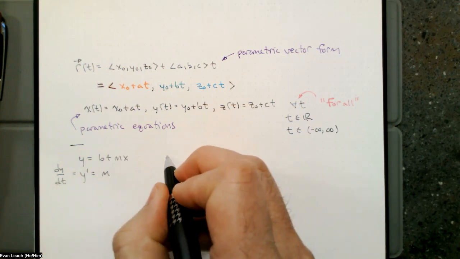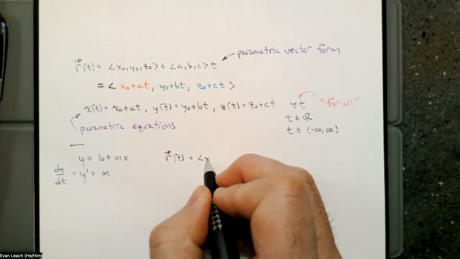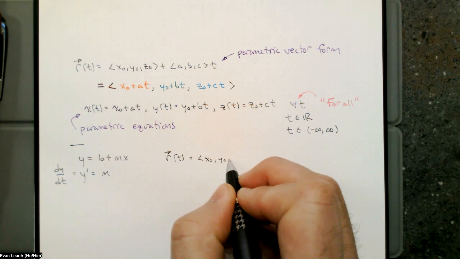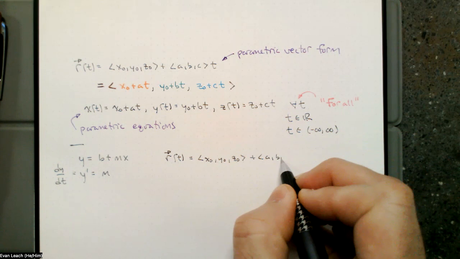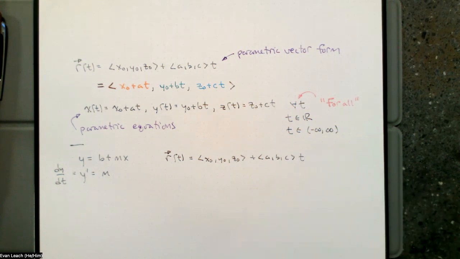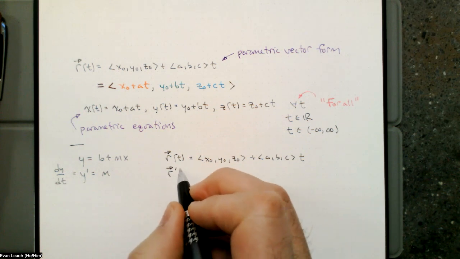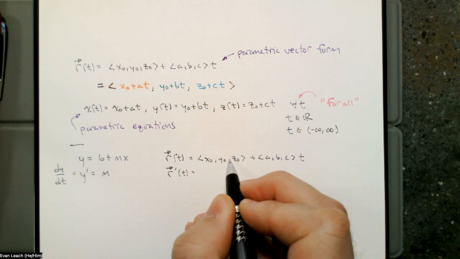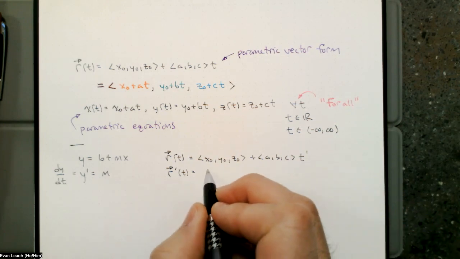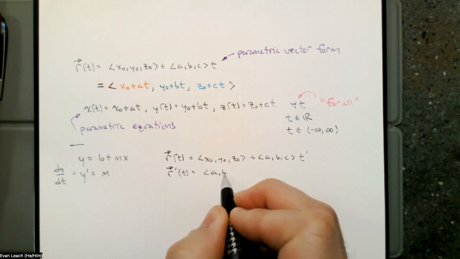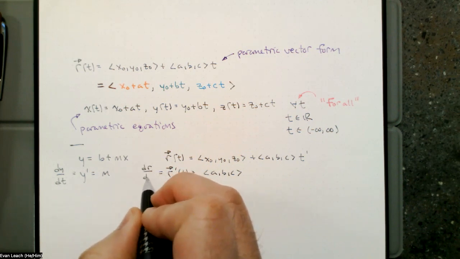So if I have the vector form of a line, the same thing happens. R prime of t, the derivative of this constant is equal to 0. The derivative of something times t to the first power is that thing times t to the 0 power. And this would be the derivative of r with respect to t.